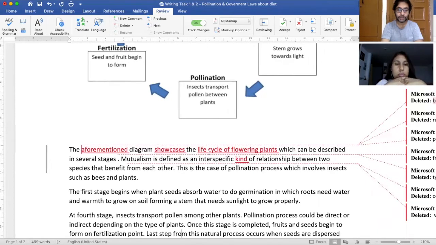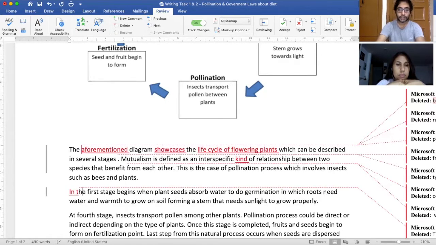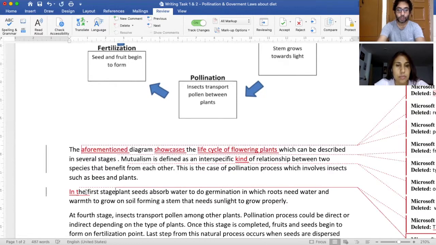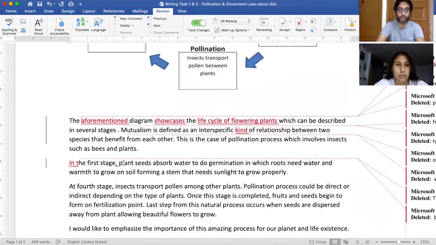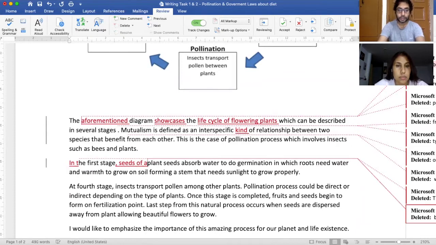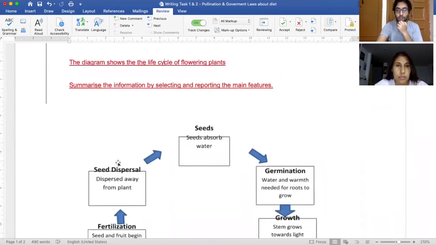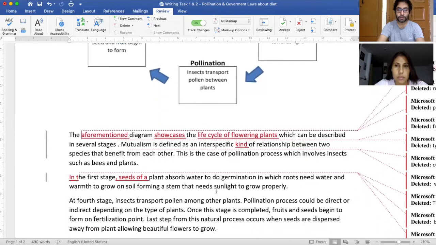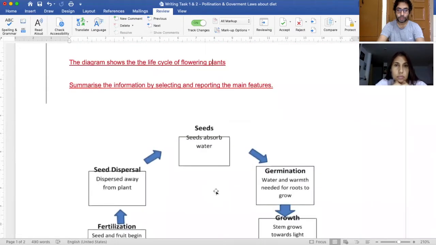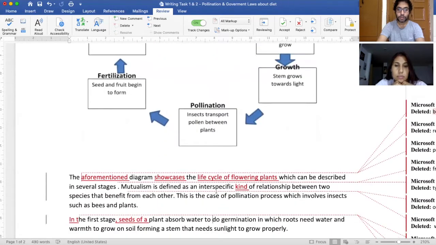Okay, the first stage begins. In the first stage, seeds of a plant absorb water for germination, in which roots need water.